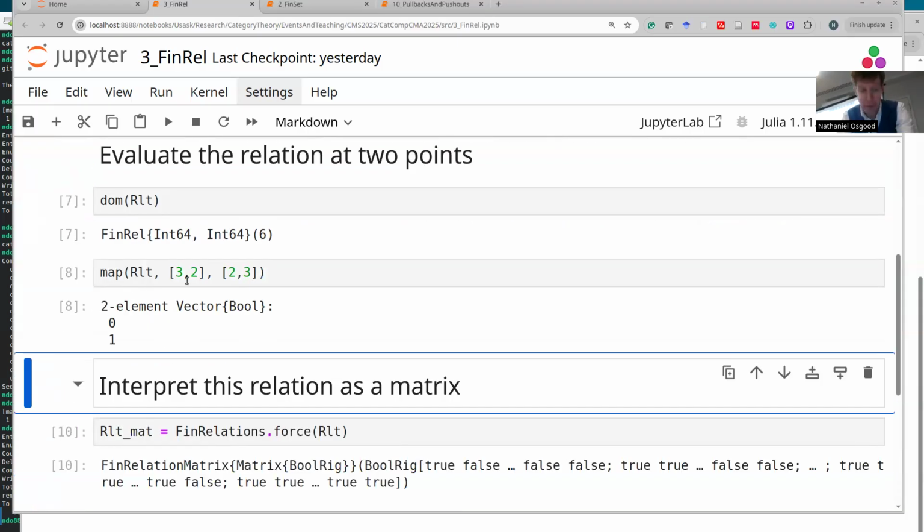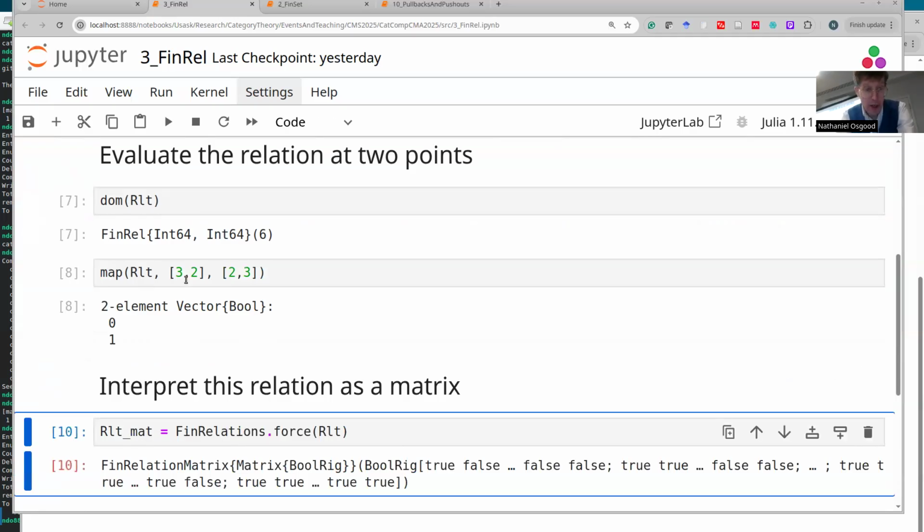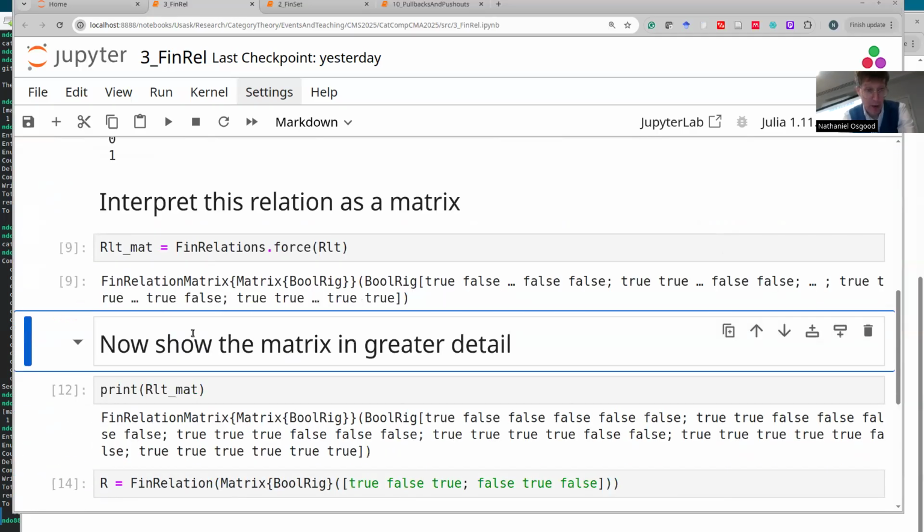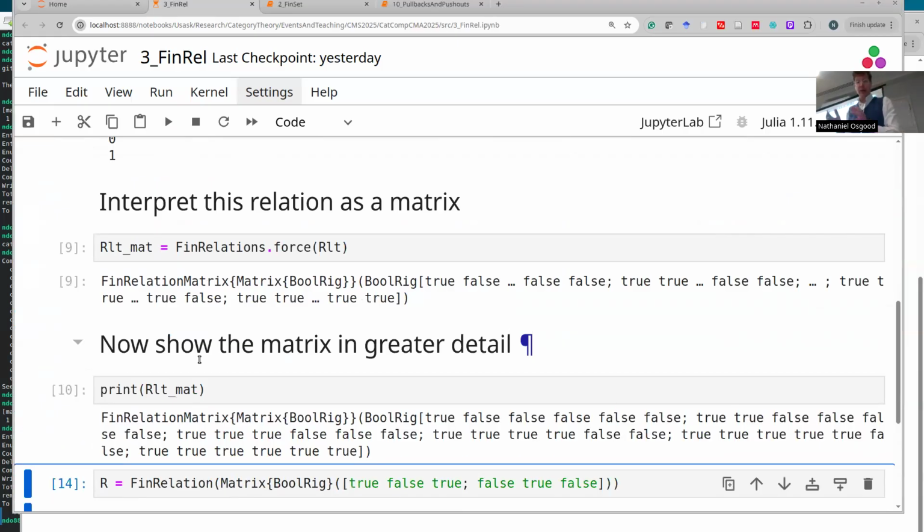Is that helpful? If you want to render that relation as a matrix, some of you might know there's a relationship between FinRel as a category and a category of Boolean rings, so rings without negative operations.